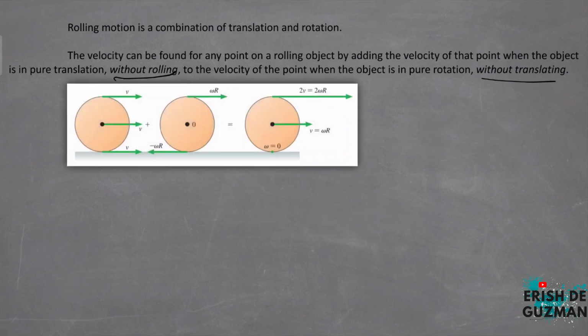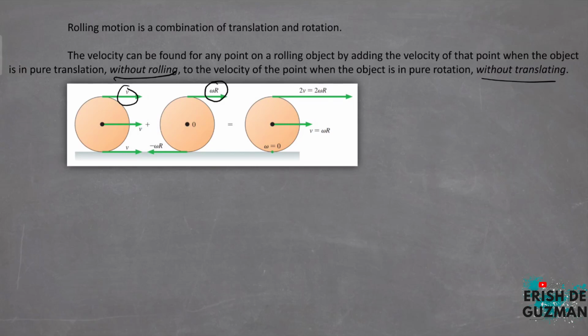In another figure here, pinapakita ng figure na to how the velocity vectors at the top, ito siya, at the center, and at the bottom of a rotating wheel are found this way. So yung point at the top of the wheel has a forward speed of v, ito siya, due to the translational motion plus a forward speed of ito, pag-add natin, due to the rotational motion naman yan.